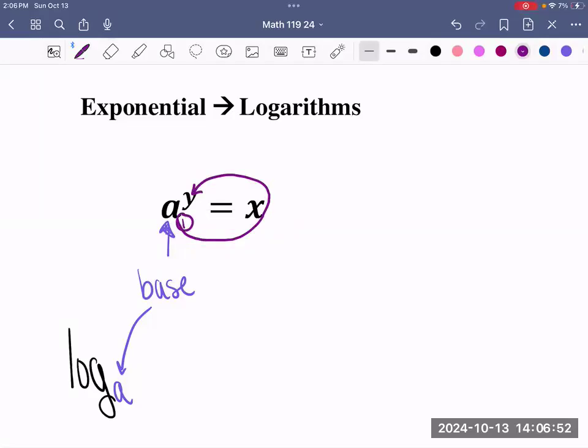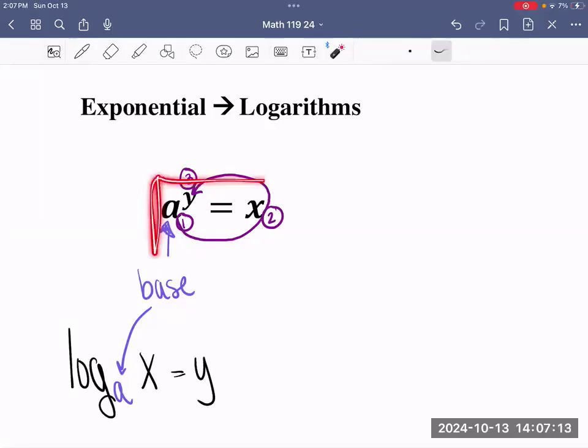A first, then x, is equal to the last thing we touch, y. Notice that it goes from an exponential, something raised to a variable, and is then written as a logarithm.